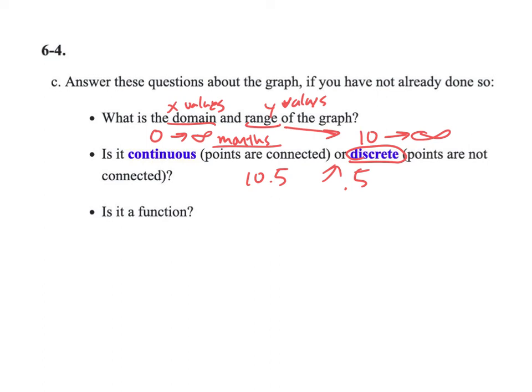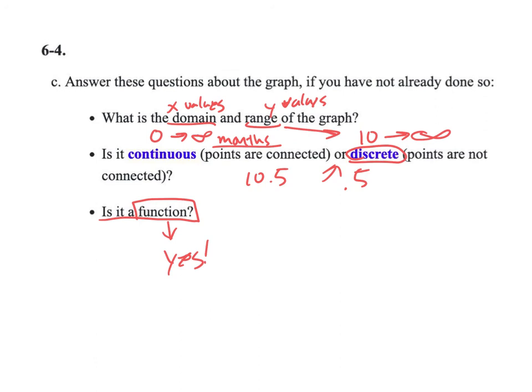The very last thing is: is it a function? In this case, this may not be a vocab word that you've heard much about, but basically a function is this: is there one x value that produces only one y value? So in this case, yes, it is a function because there's only one x value that produces only one y value.